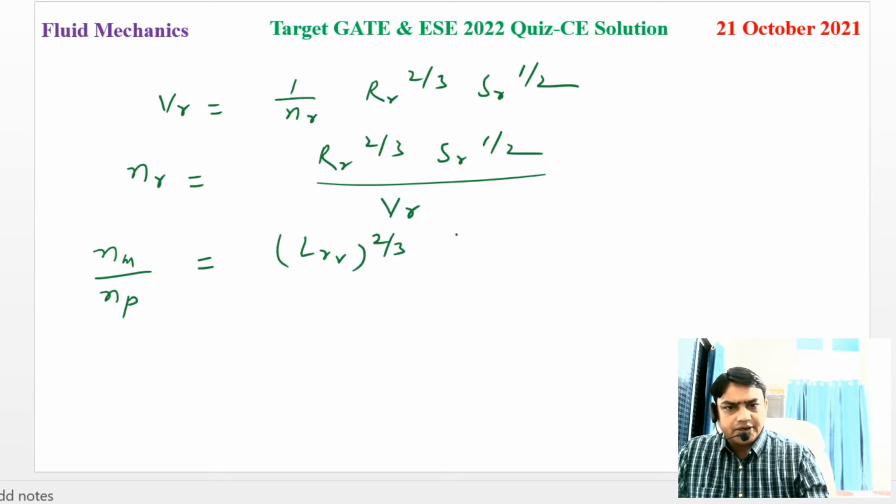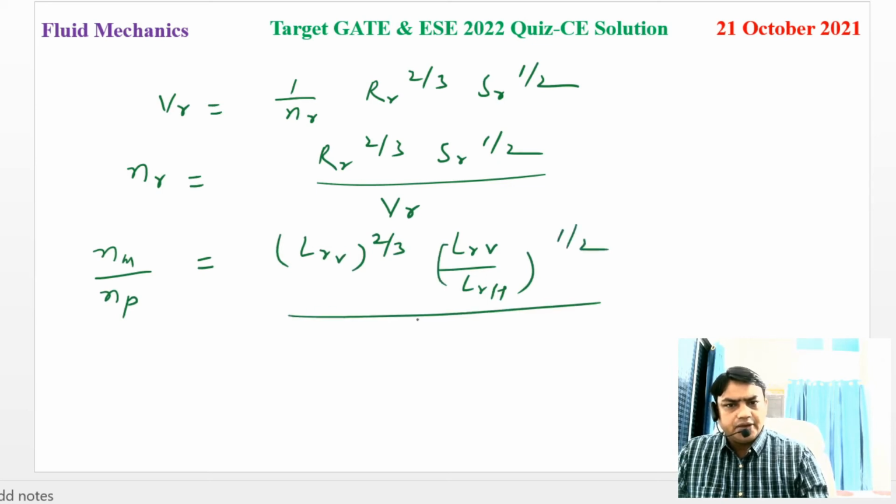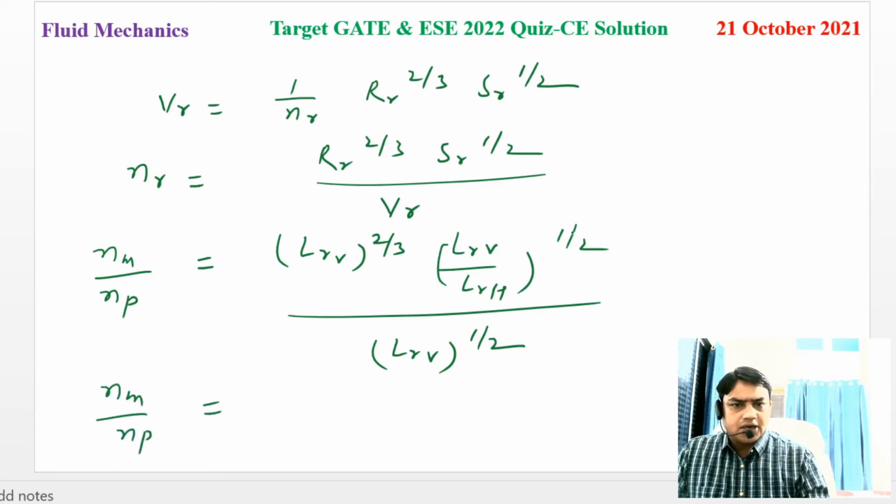Similarly, slope can be written as LRV divided by LRH, to the power half, divided by VR, which is LRV to the power half. So here NM by NP is LRV to the power half cancels with LRV to the power half, so it will be LRV to the power 2 by 3 divided by LRH to the power half.